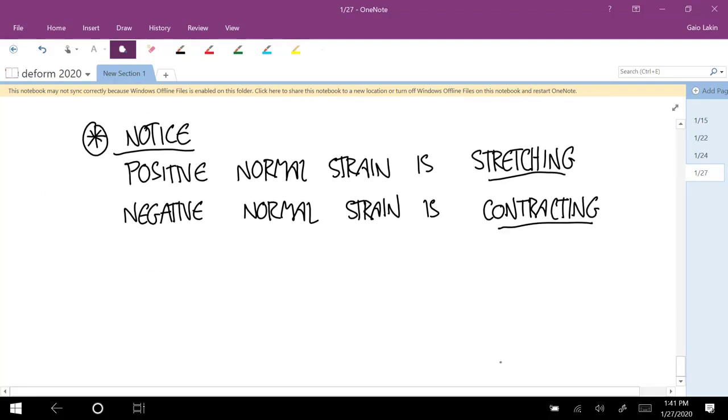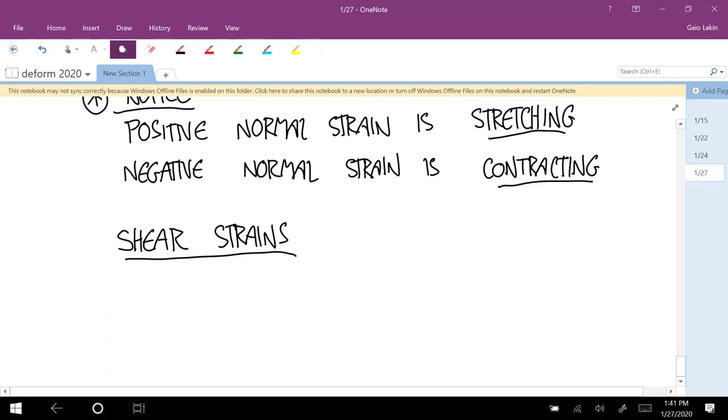Okay, so now shear strains. Shear strains have to do with the changes in angle between the sides. So these are changes in angle.